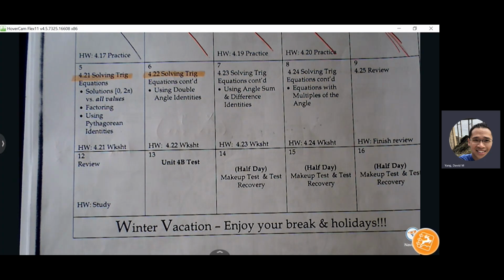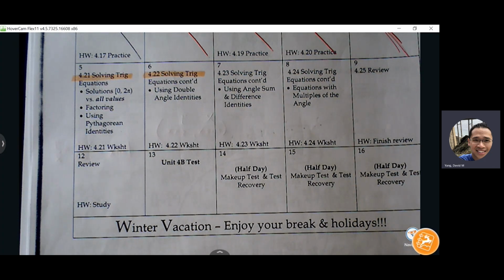Also, I'm going to be grading your Unit 4B test Tuesday afternoon, but I'm going to give priority to those that feel like they could be in danger of being below 75, because I want to let you know if you make below 75, so that I can get that test back to you and, if you want to do a recovery, you can recover up to a 75.